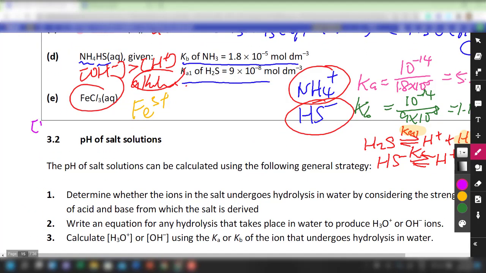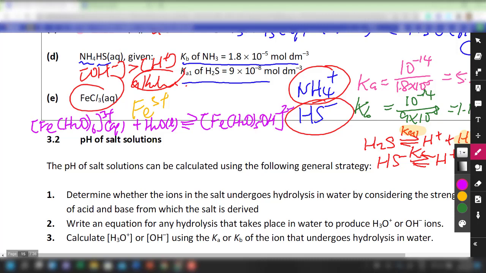This is known as the hexaaqua iron 3 complex, with H2O molecules. It will undergo hydrolysis to give Fe with H2O reduced by 1, the overall charge reduced by 1 as well, and then I will have H3O plus.